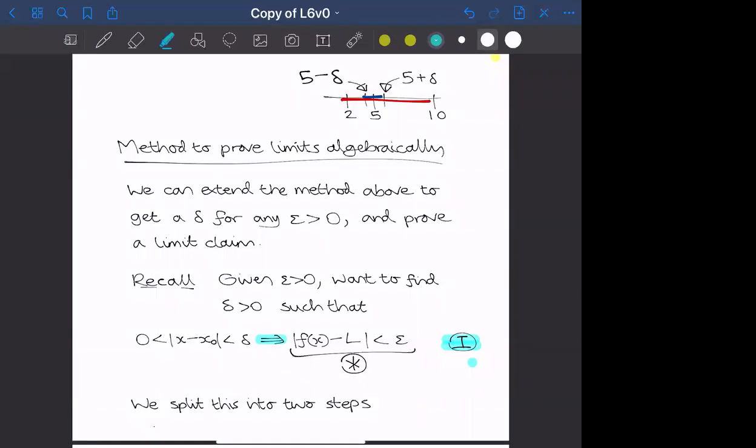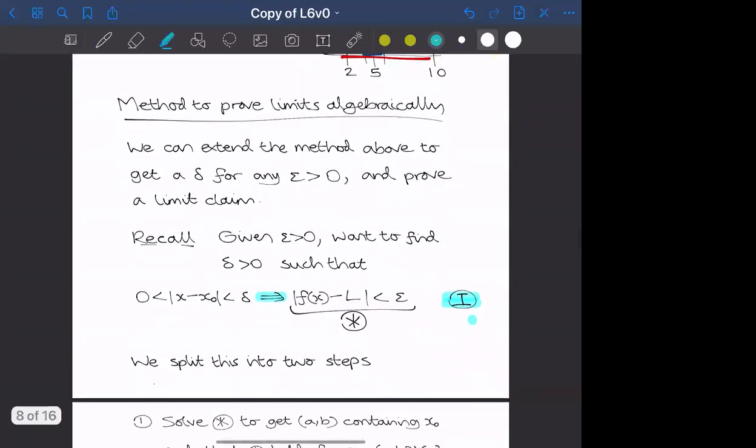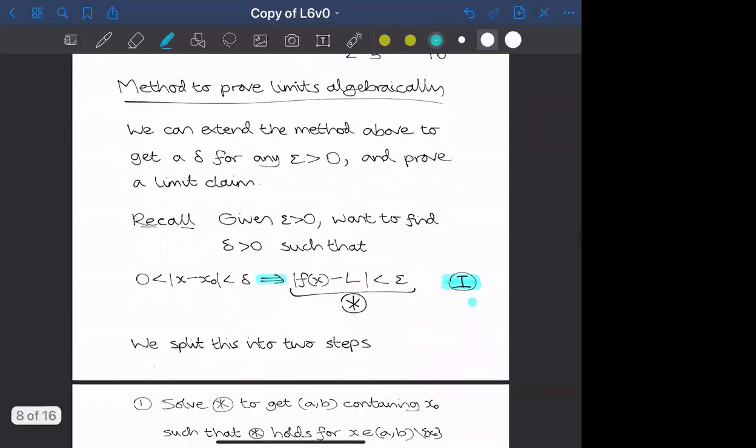So following the example above, we split this into 2 steps. So remember, the first one was solve this inequality star to get an interval AB containing x0.